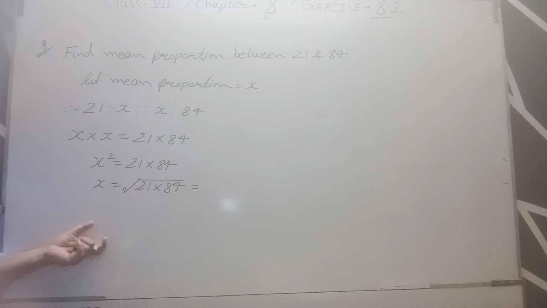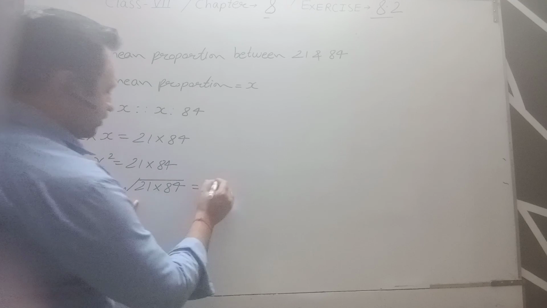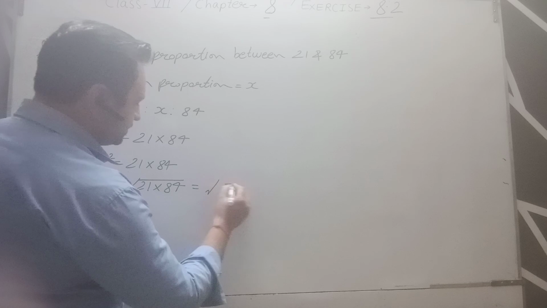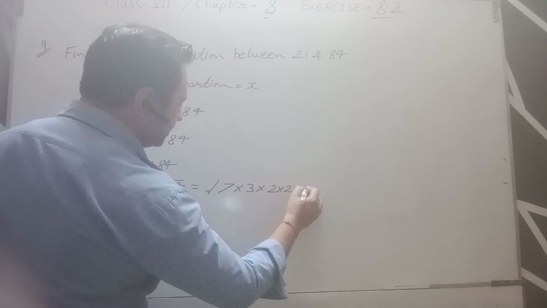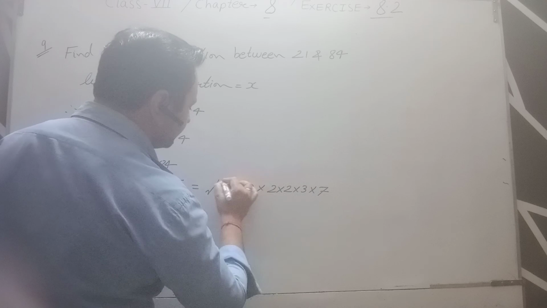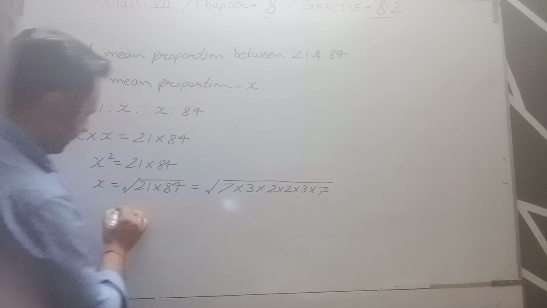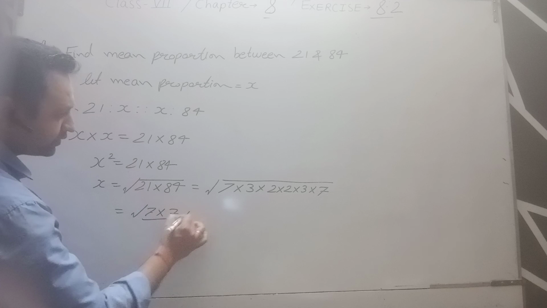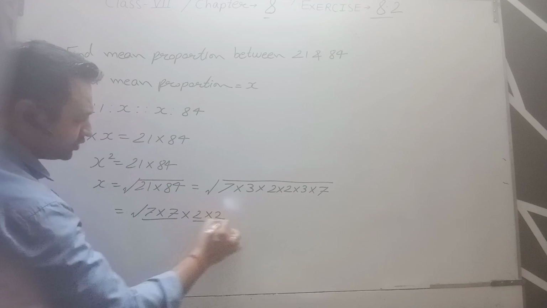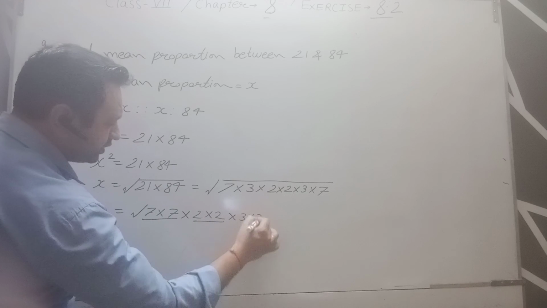To find the value of the square root, we factorize: 21 is 7 multiply 3, 84 is 2 multiply 2 multiply 3 multiply 7. 7 multiply 7, 2 multiply 2 and 3 multiply 3.